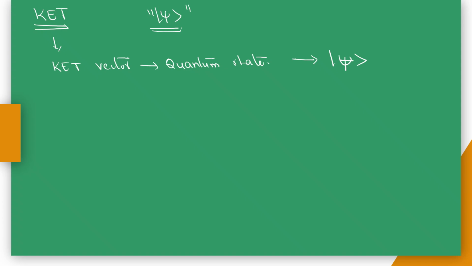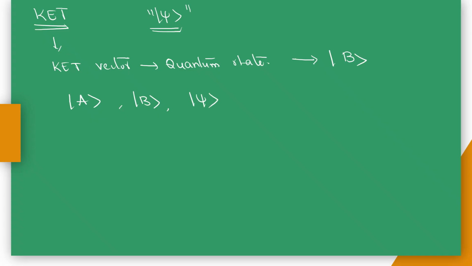If you write it as A, that is nothing but ket A. If you write B, that is state vector B. We can call them ket A, ket B, ket psi, etc. To distinguish between the different states, a label is inserted inside the ket, like psi, A, B, etc.